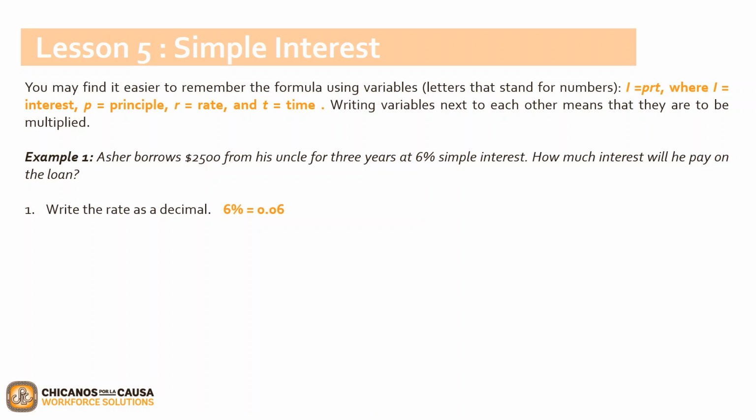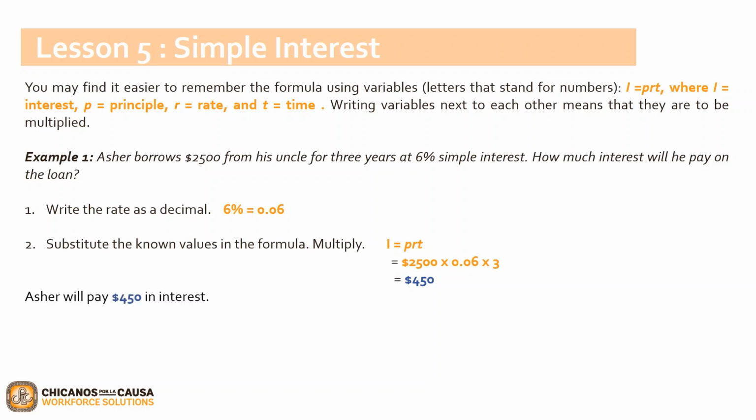Second, we'd substitute the known values in the formula and then multiply. So using the formula I equals PRT, we have $2,500 times 0.06 times 3, which equals 450. So our answer is Asher will pay $450 in interest.